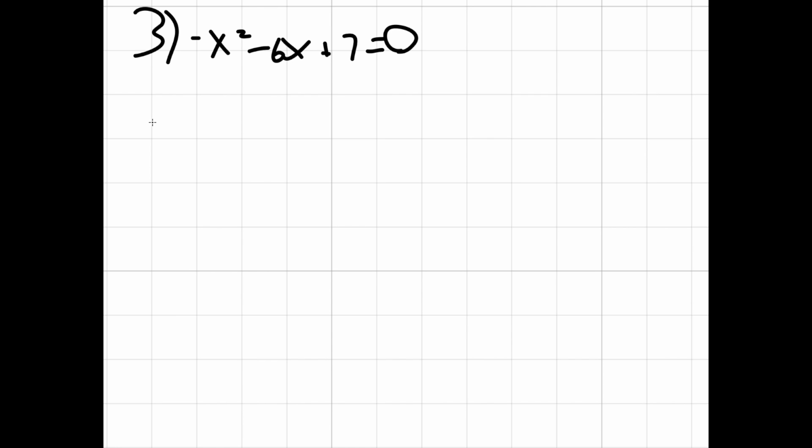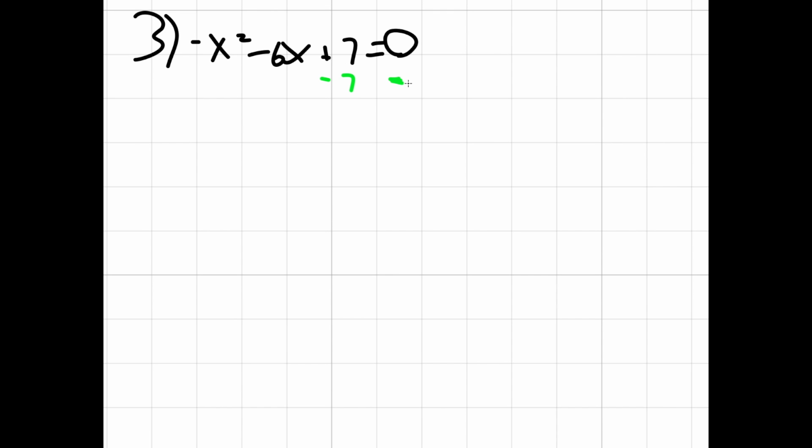Well, the easiest way to deal with that is, first of all, always get rid of the constant, so it's negative 7 minus 7, so now we have negative x squared minus 6x equals negative 7.